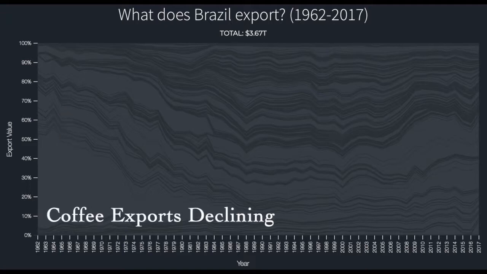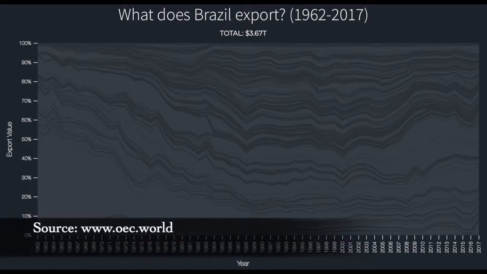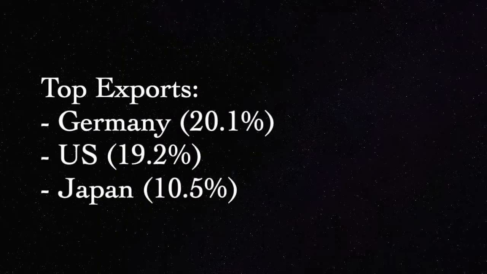This began to decline in the 1960s when other export-heavy sectors expanded. By 2006, coffee export was down to 2.5% of Brazil's total exports. Brazil's top importers were Germany at 20.1%, the US at 19.2%, and Japan at 10.5%.